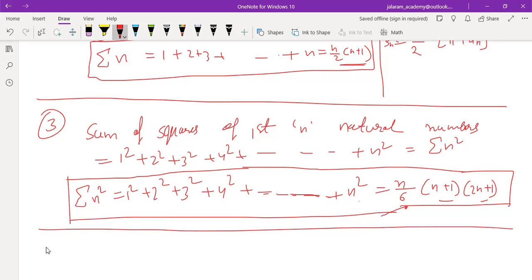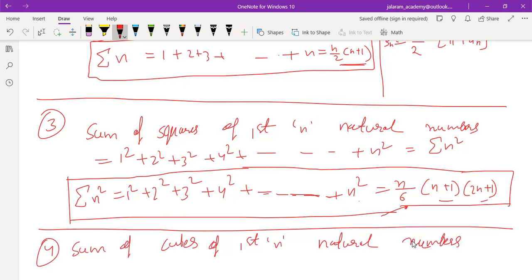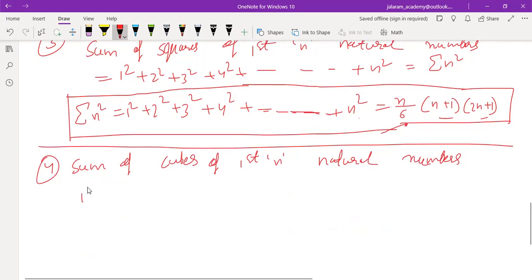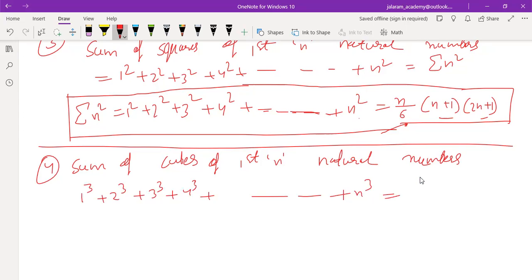And the next is about the cubes. So fourth, we find the sum of cubes of first n natural numbers, that is 1 cube plus 2 cube plus 3 cube plus 4 cube, the sum of cubes of first n natural numbers, till n cube, which is denoted by sigma n cube.